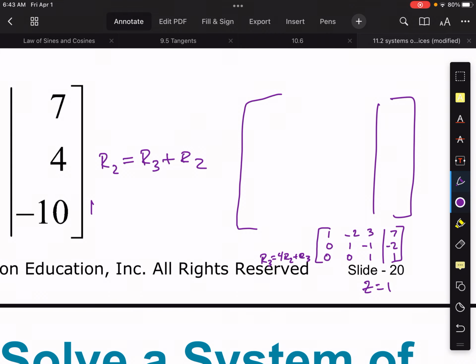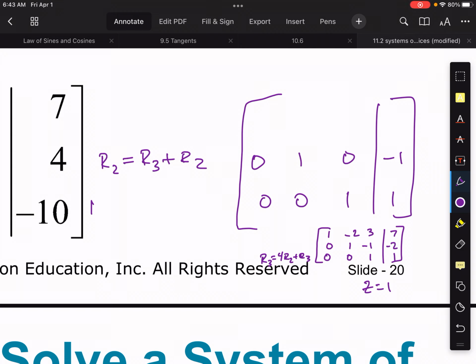Okay, so if I do that, I would get 0 here, right? And then for the next one, 0 plus 1 is 1. So that stays the same, which is what I want. And then I have 1 plus negative 1, which is 0. That's exactly what I want. And then 1 plus negative 2 is negative 1. Okay, so what I've just done by doing that operation is solved for my y value. That's in the y column, so now I have y is equal to negative 1.